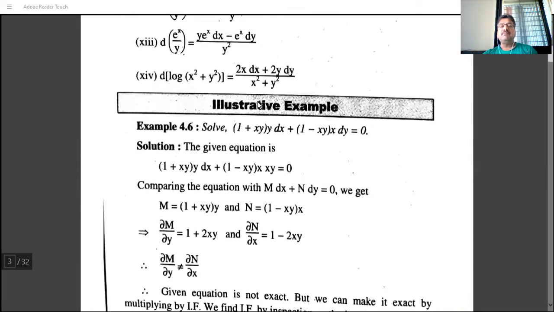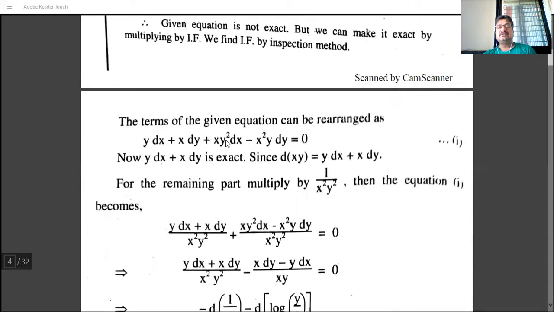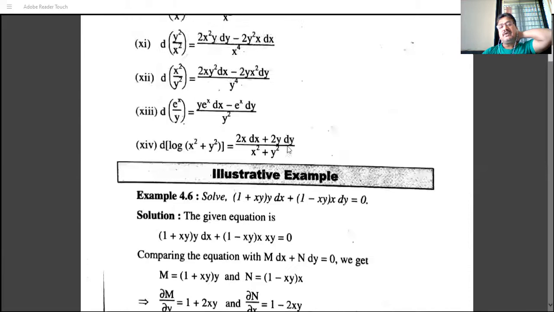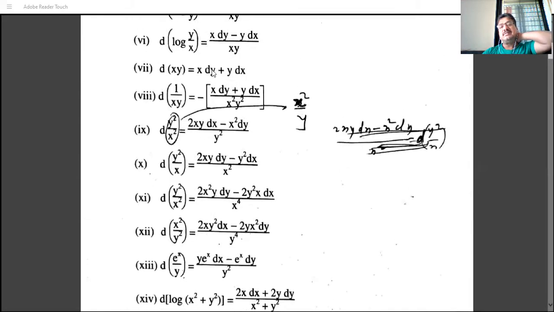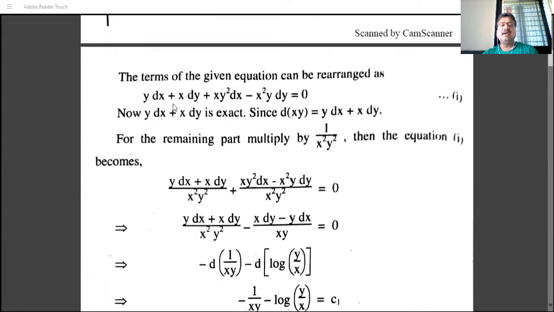So in all there are 4 terms: first 2 terms and the third and fourth terms. And y dx plus x dy is exact because it is the derivative of x into y. So these first 2 terms are the derivative of x into y.